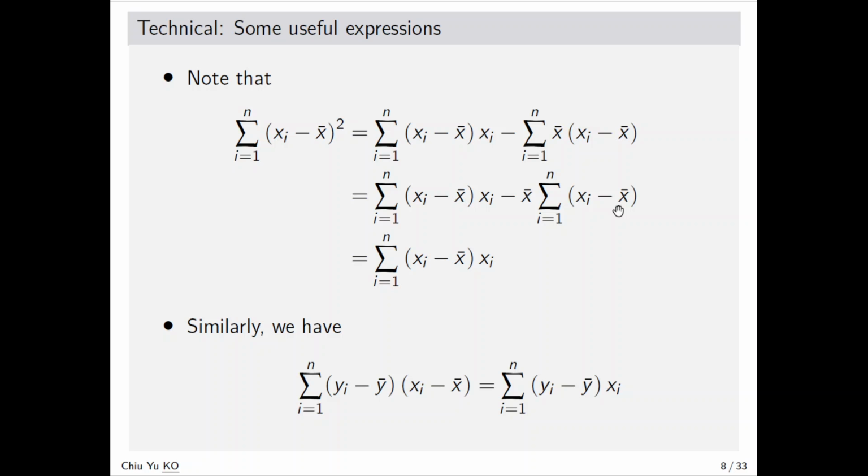So this guy is gone, and that's why we are left with this. That's why this expression and this expression are the same. Using the same technique, we can show they are the same. Okay, that's the end of the basic introduction of least square.